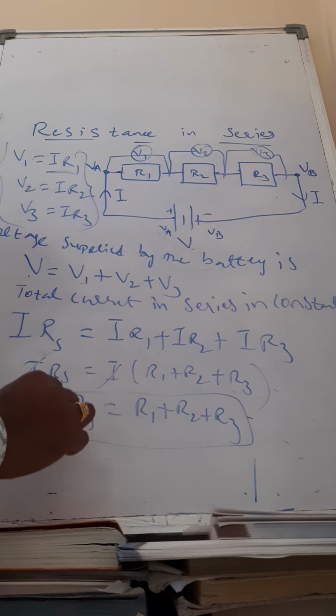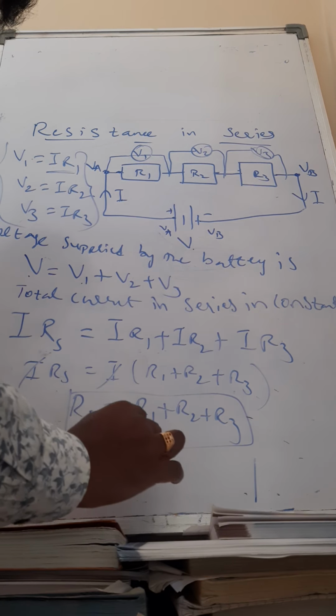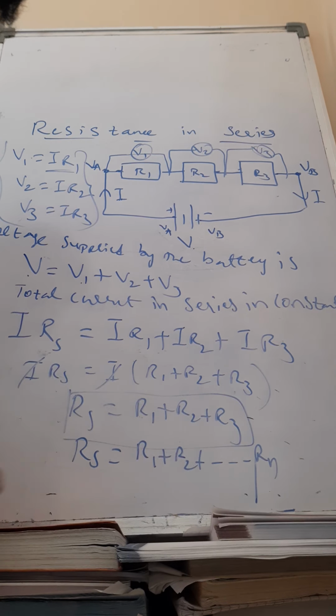If I connect n number of resistors, RS equals R1 plus R2 and so on up to Rn.